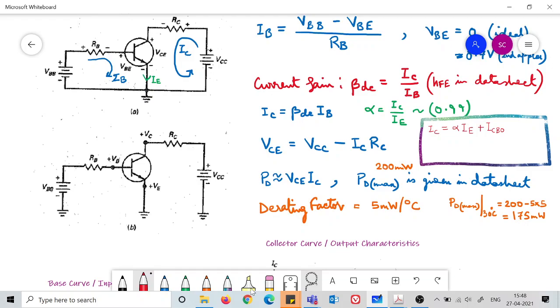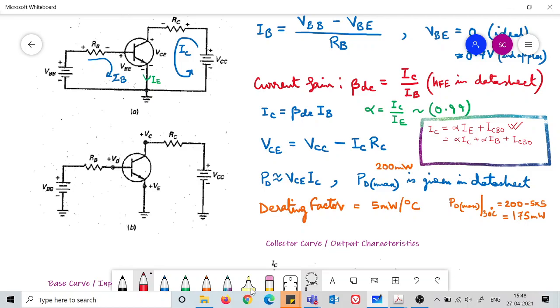Now this IE is nothing but IC plus IB, so IC equals alpha IC plus alpha IB plus ICBO. This equation is true for all conditions. IC equals alpha IE plus ICBO.